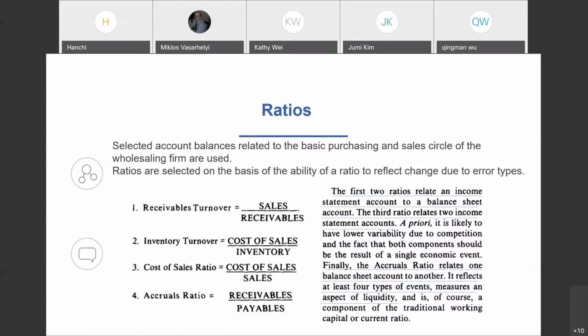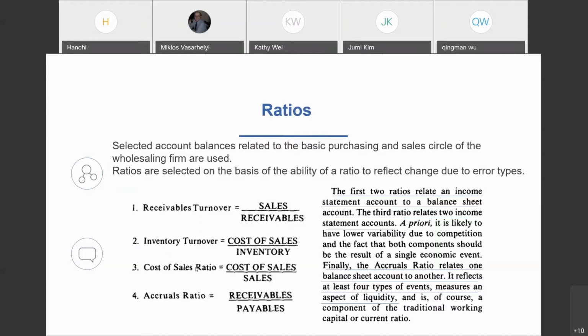We want to make sure that the ratios are selected on the basis of the ability of a ratio to reflect the changes due to error types. Of course, there are other ratios. However, other ratios combine several accounts, so they will be of little use when we want to indicate an error in a particular account.